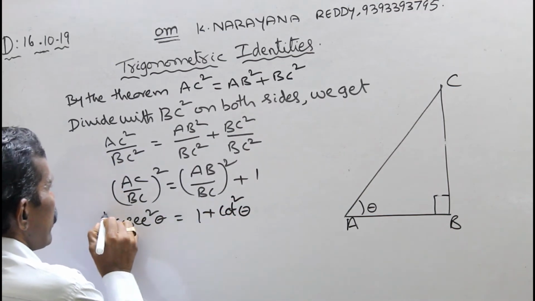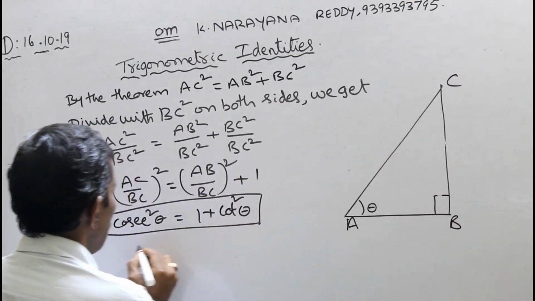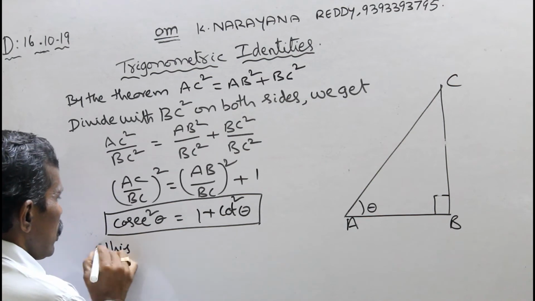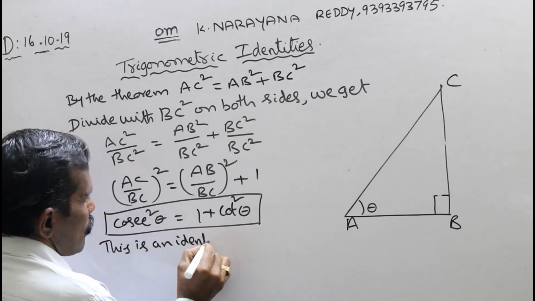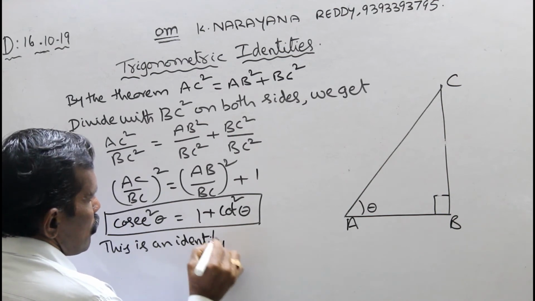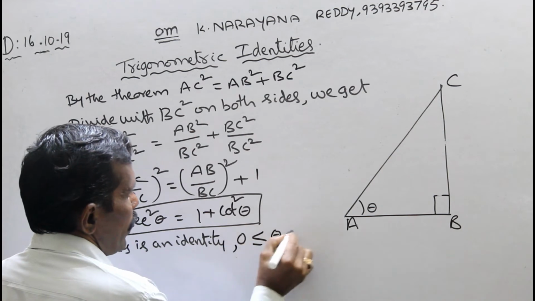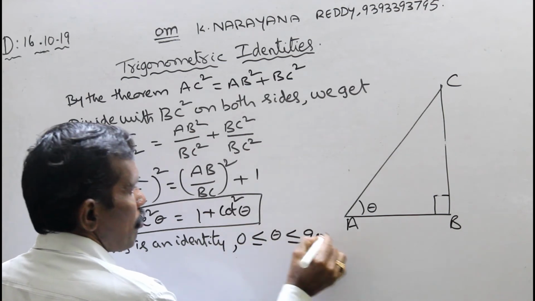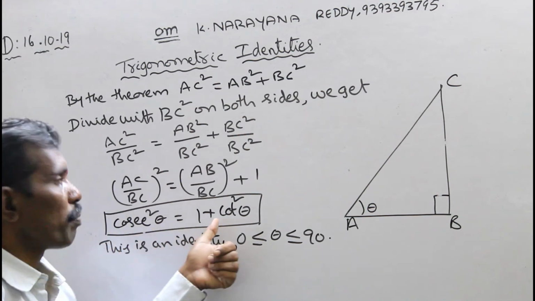So this is an identity. Where theta lies between 0 and 90. Same. Theta is acute angle. So cosecant square theta is equal to 1 plus cot square theta.